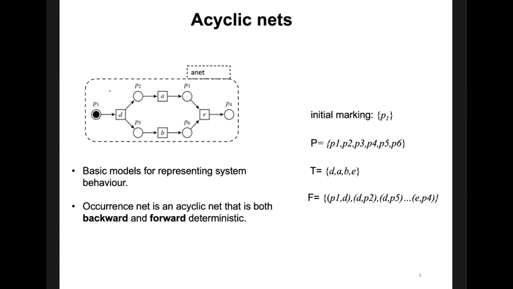Marking is shown by placing tokens inside the circles, representing the global state of the system. We start with the initial marking, B1 in this case.